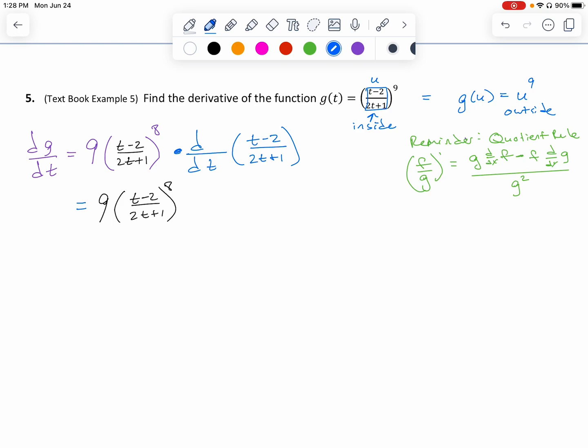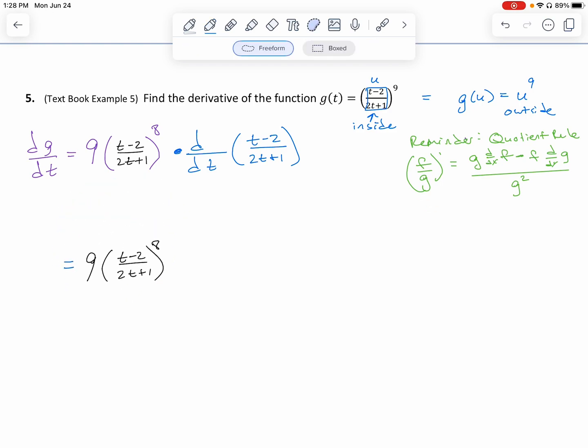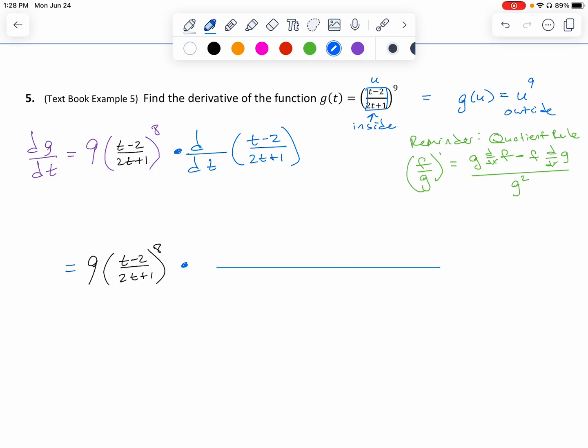I'm actually going to move this down a bit so we have enough space to do our quotient rule. And that is going to be times, and I'll do a quotient rule. So I'm copying this formula in here, not just the g, but the whole thing. So my low is the 2t plus 1. My high is the t minus 2.